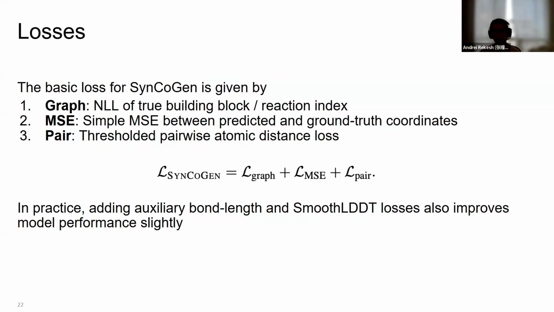So that's one way we got around direct protein conditioning: using the reference ligand's pharmacophores to generate molecules in the same pose inside that protein as the reference ligand.